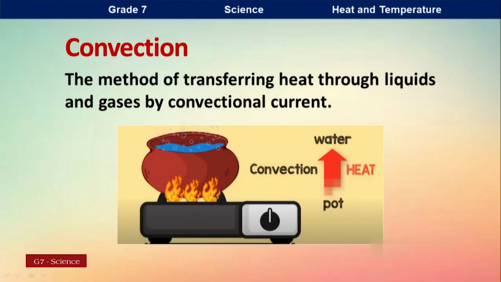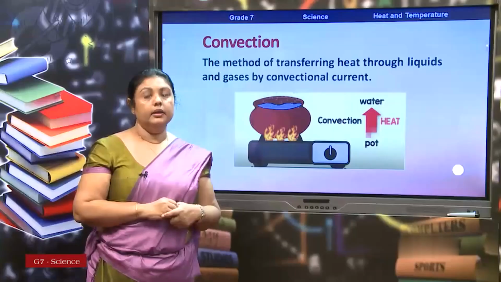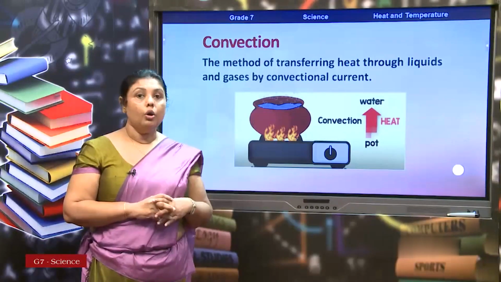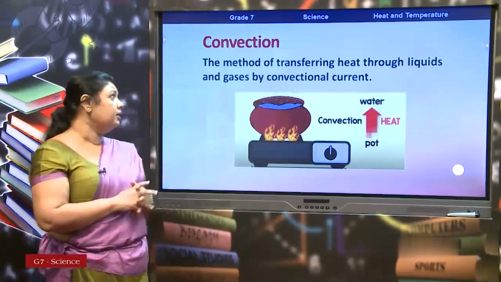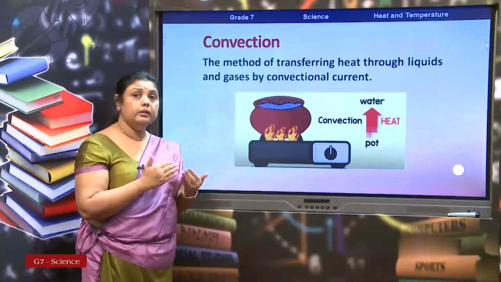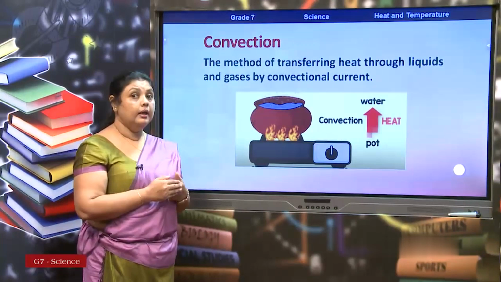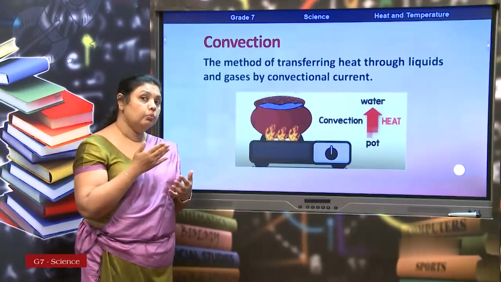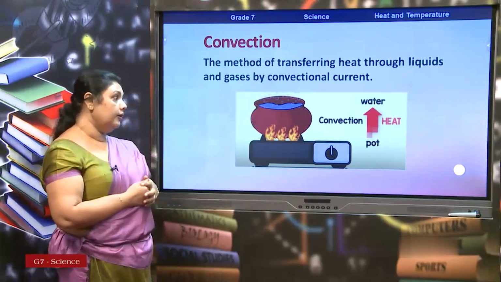Convection takes place through liquids or gases, or through fluids. How? Through convectional current. You may have heard about this word, convectional current, in different places, especially with moving wind.